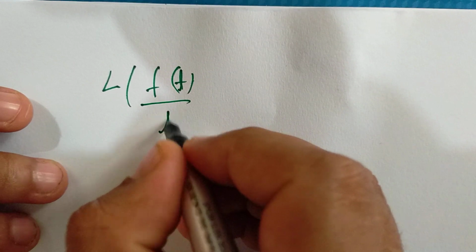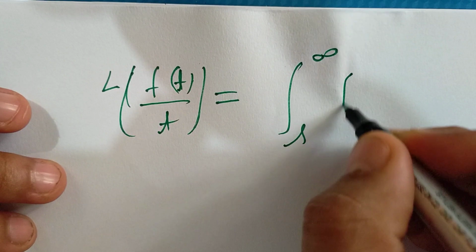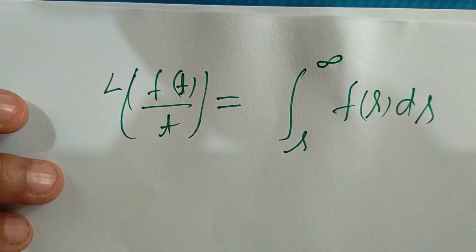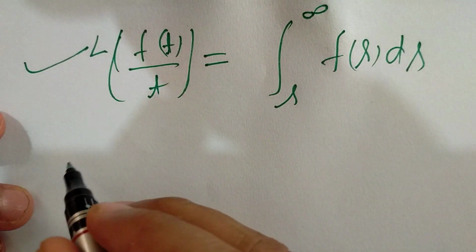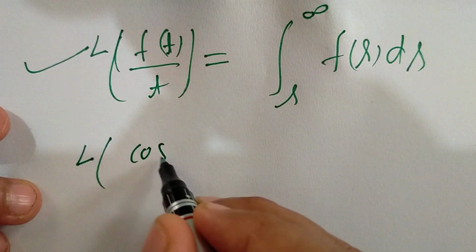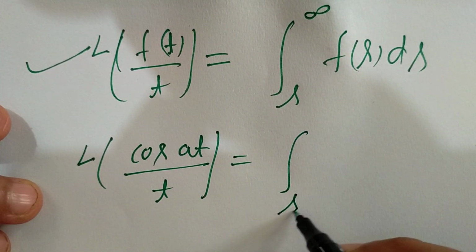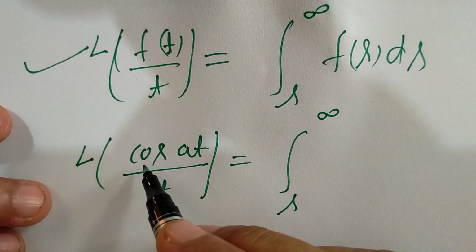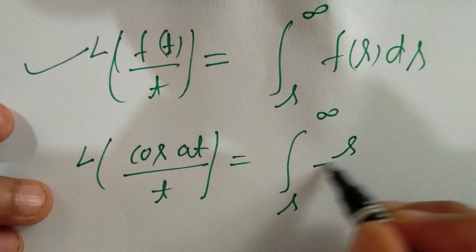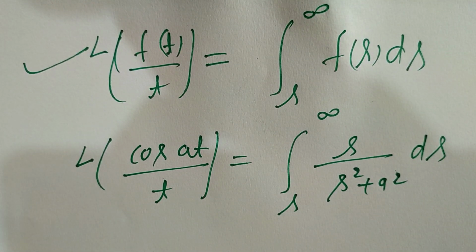Next we have Laplace of f(t) by t equals integral s to infinity F(s) ds. So suppose we have cos(at) by t. This will be integral s to infinity F(s) ds, where F(s) is Laplace of cos(at). So this will be integral of s upon s square plus a square ds.